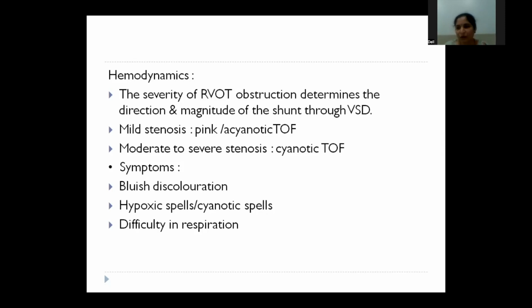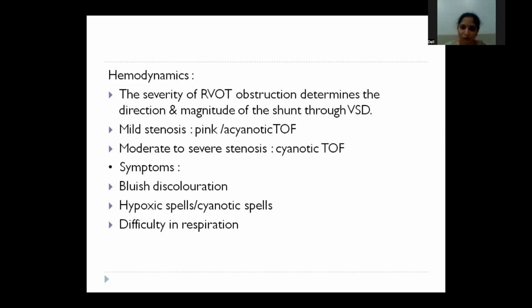But yes, for compatibility with life, there is some arrangement. Initially this pulmonary obstruction may not be very severe, or there may be development of collaterals, and somehow the patient gets some oxygenated blood coming to the left ventricle and going to the systemic circulation.